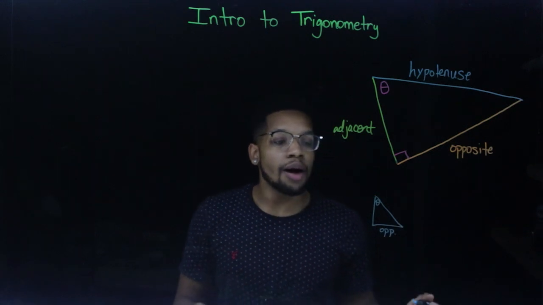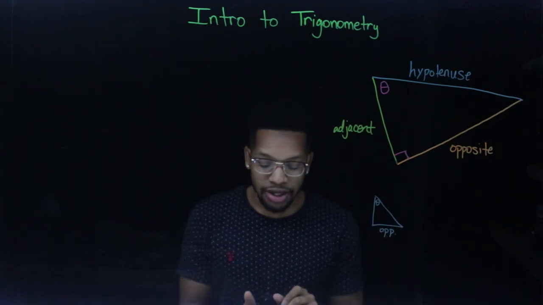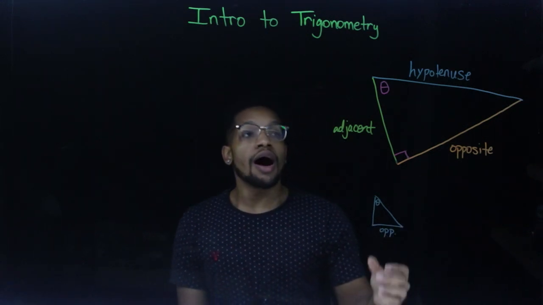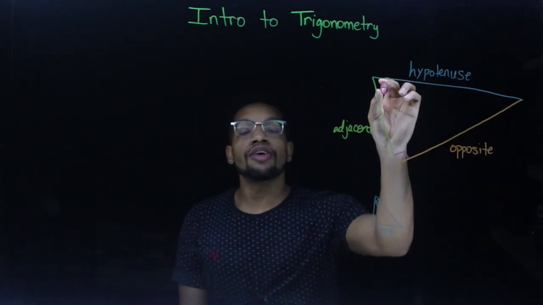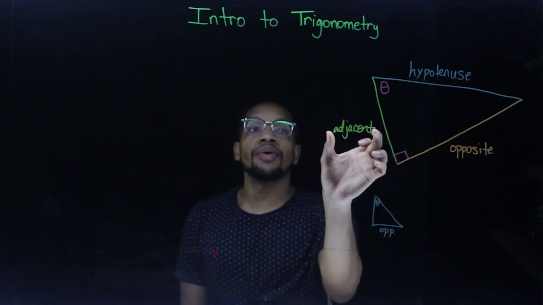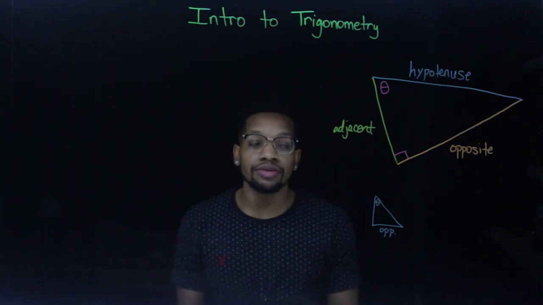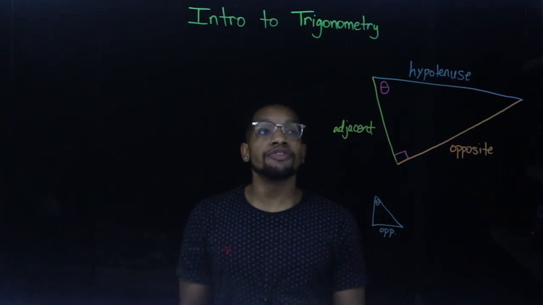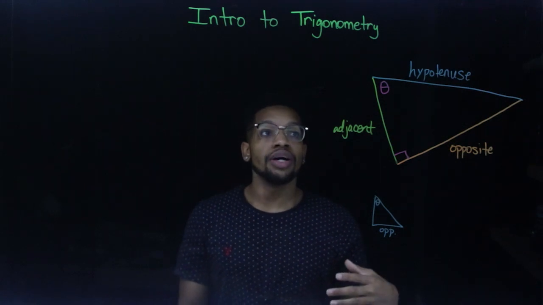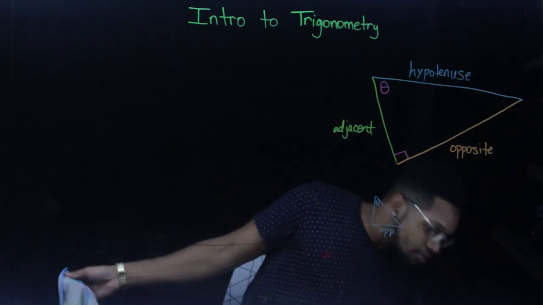And then people think, okay, opposite's always on the bottom, and that's not true. Opposite is literally always across from where theta is. Adjacent is always next to where theta is. Hypotenuse is always across from the right angle. So I'm gonna just draw out some different triangles and then show you how to find each side.